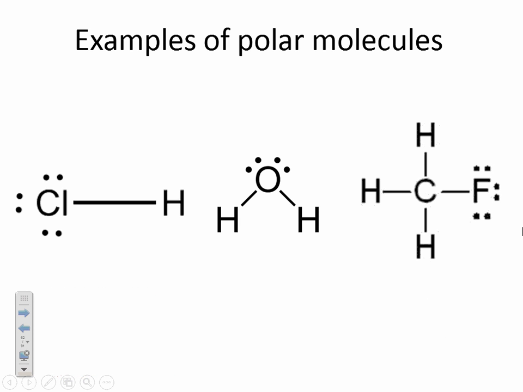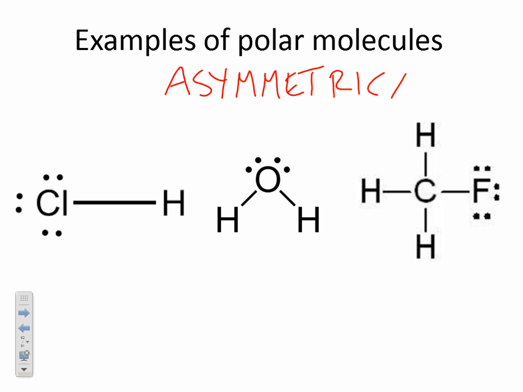So these are all asymmetrical. We have asymmetrical distribution of charge around the central atom. So if we look at, for example, HCl, notice, 2 different sides. That's what polar means, asymmetrical. So boom, you have one side that's H, one side that's Cl. Next up is water.